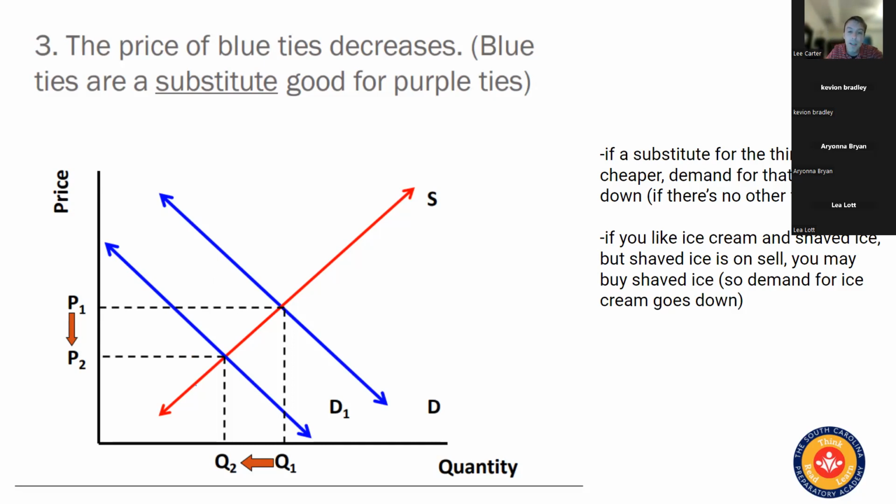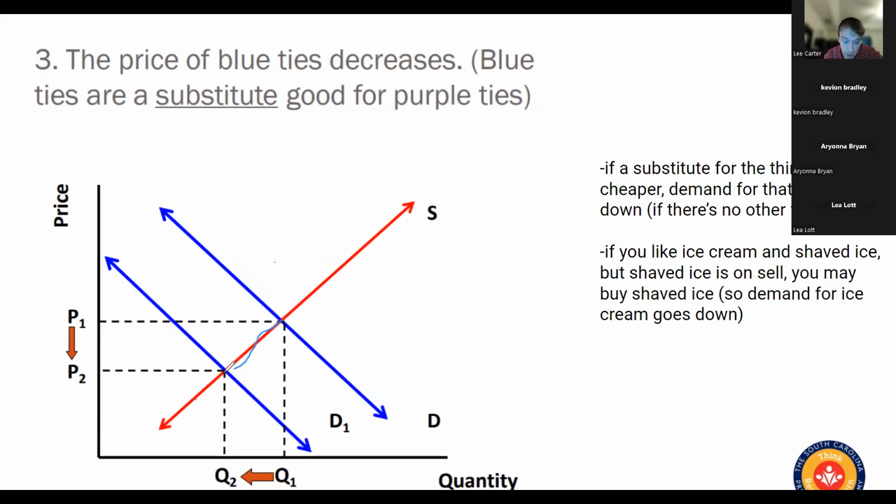So the demand for the ice cream would go down. If there's a similar product that becomes cheaper, then you will buy that product instead. Therefore, the demand for the other product will go down. That's why the whole curve moved here. So the demand for ice cream went down, so the price for ice cream will have to decrease to match the lower demand. That's how we end up with lower prices sometimes.